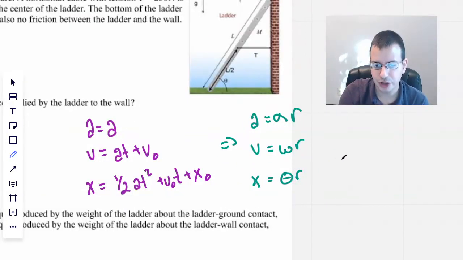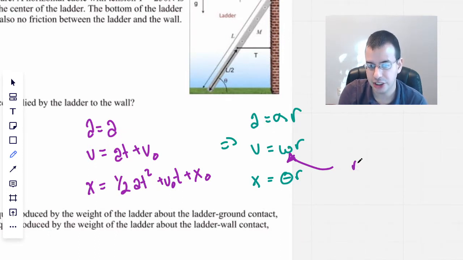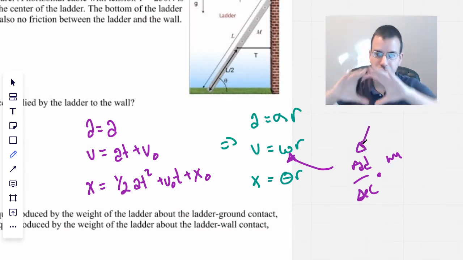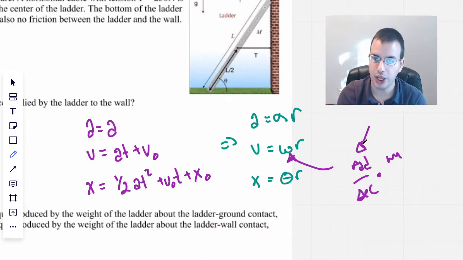If you look at velocity here, we have omega, which is radians per second, times r, which is measured in meters. Now radians are dimensionless. There is no dimension associated with radians. You would think that it would be meters or distance, but it's not.